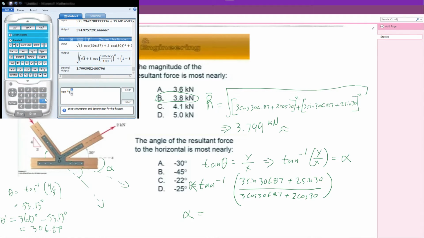Okay, so we have 3 sine 306.87 plus 2 sine 30 degrees, over 3 cosine 306.87 plus 2 cos of 30 degrees.